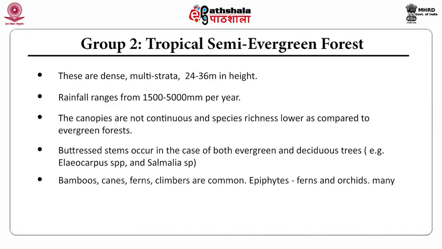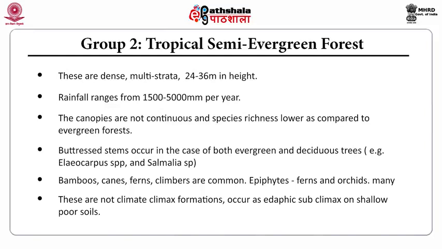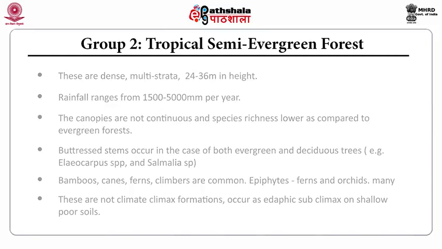There are bamboos, canes, ferns and climbers in this forest. Epiphytes are represented by ferns and orchids. These are not climax formations; they occur as edaphic subclimax on shallow, poor soils.